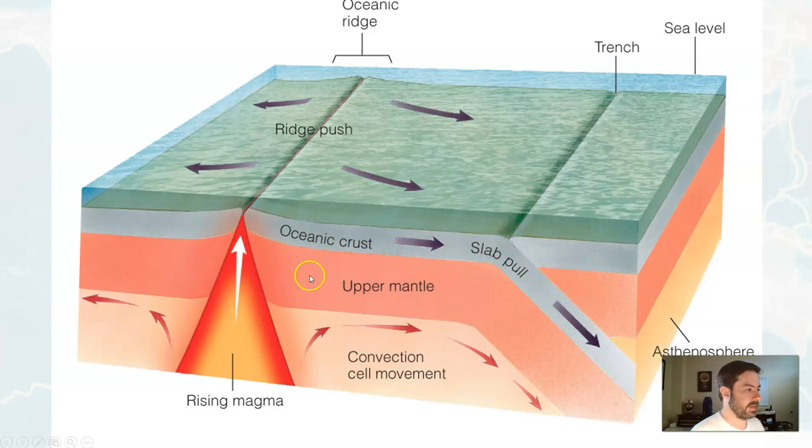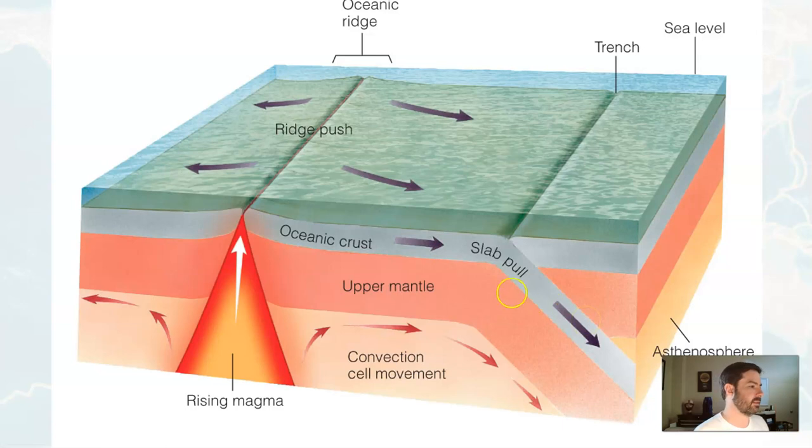So here's slab pull. The part that's being subducted, as it continues downward, is pulling and helping to pull down the plate above it. Again, imagine someone is on the cliff and holding on to someone else who's off the side, and they're both slowly falling over until eventually that person on the cliff gets pulled down the side of the mountain.